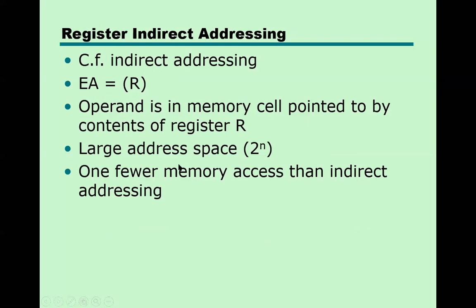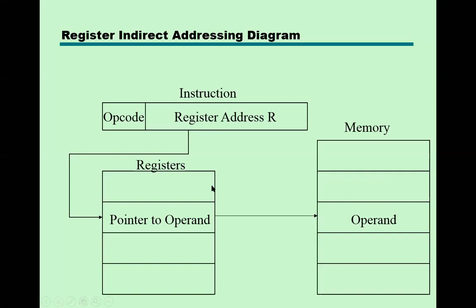So this is the notation that you have to remember. The operand is in the memory cell pointed to by the contents of register R. So in register indirect, first your instruction points to the register address, and from the register address it points to the memory address.